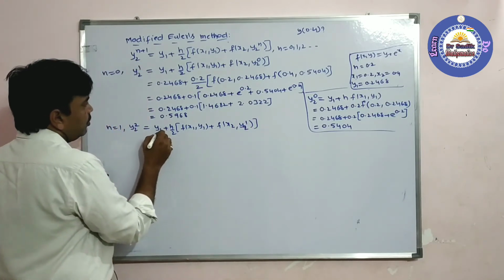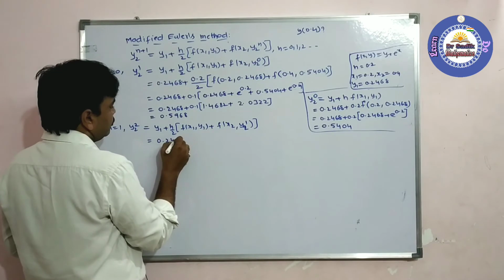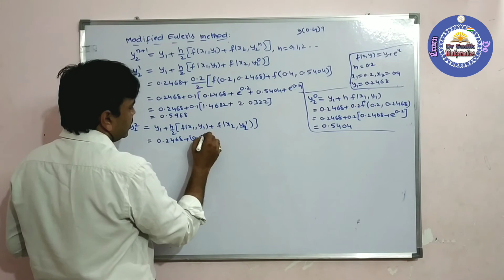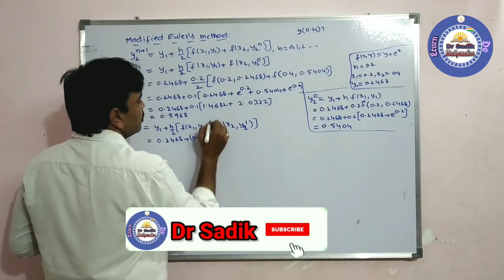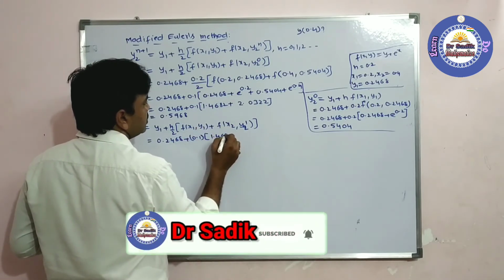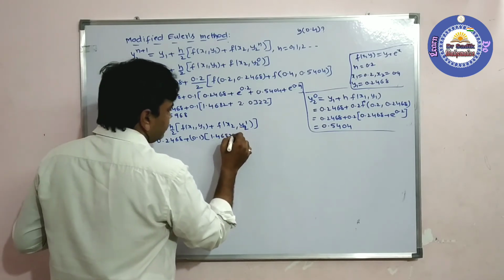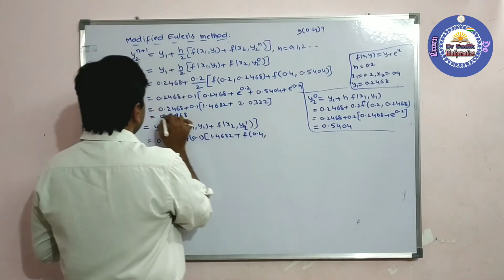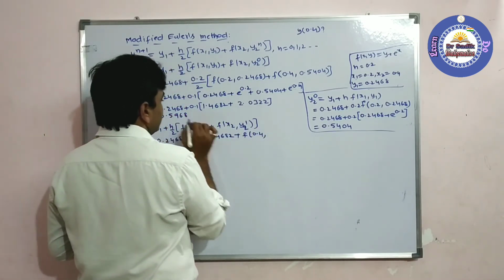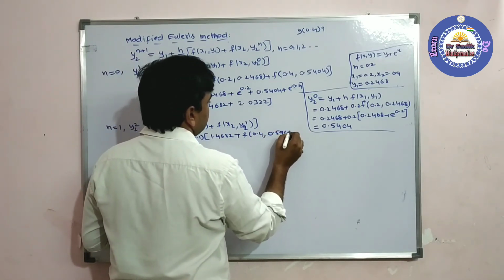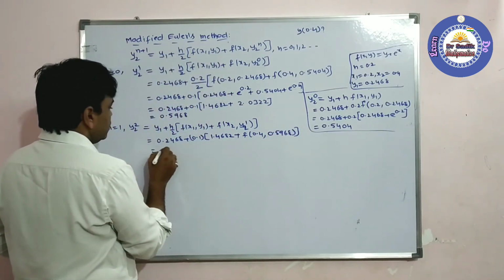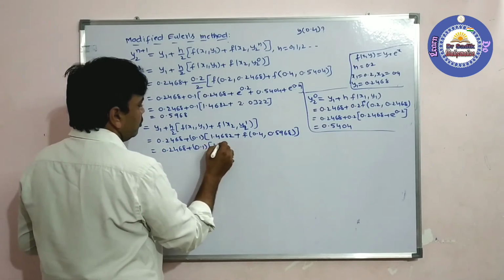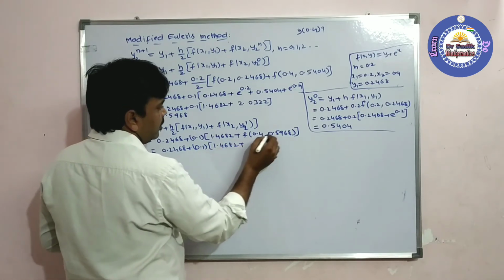So what is the y1 value? 0.2468 plus h by 2 value 0.1 bracket f of x1 y1 value, 1.4682 plus f of x2, x2 value is 0.4 and y2 dash value 0.5968 bracket close, that is equal to 0.2468 plus 0.1 into 1.4682 plus, what is y here?